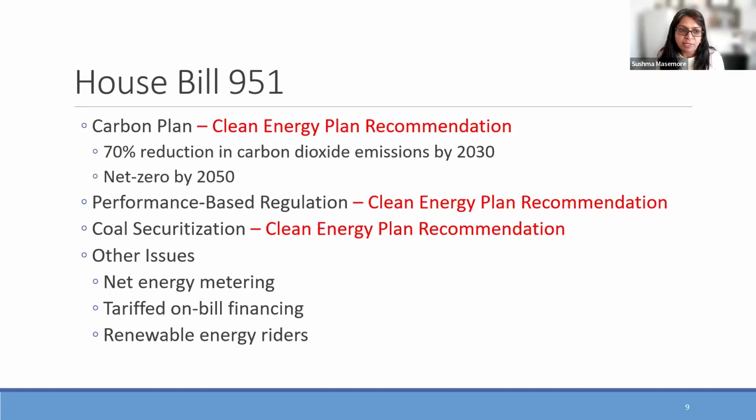It also codified coal securitization as a means for early retirement. So I just wanted to share with this audience that when it seems impossible to address climate and carbon reductions, when made through the lens of a message that resonates across aisles, you can achieve some of these objectives.